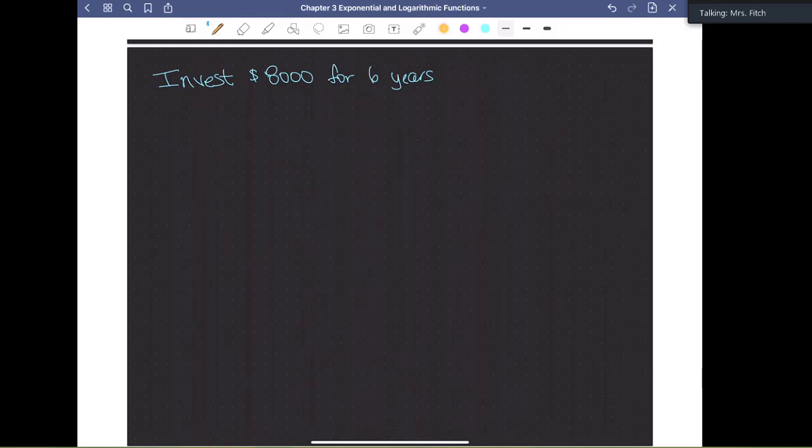So we're going to do 2 scenarios. For the first scenario, we're going to say that you get 7% per year in interest, and we're going to compound that amount monthly.